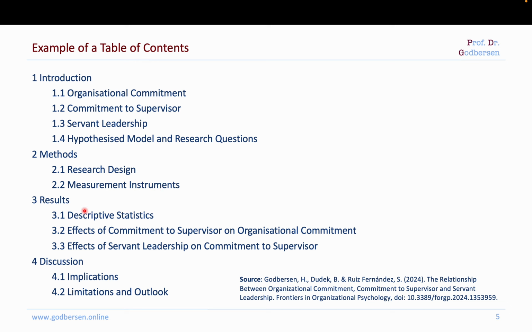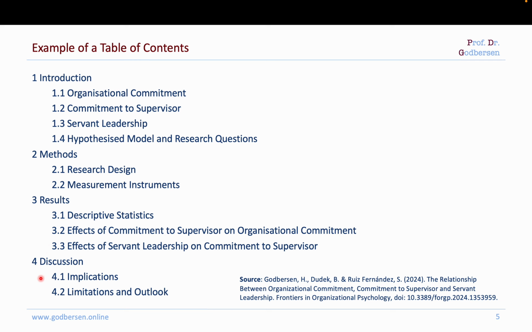Then it comes to the results, with the descriptive statistics and, as mentioned, the 2 effects: commitment to supervisor on organizational commitment and servant leadership on commitment to supervisor.